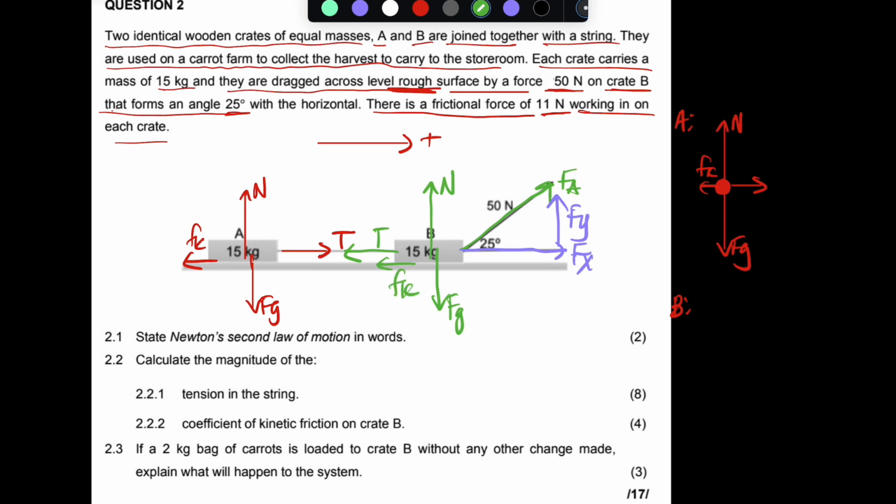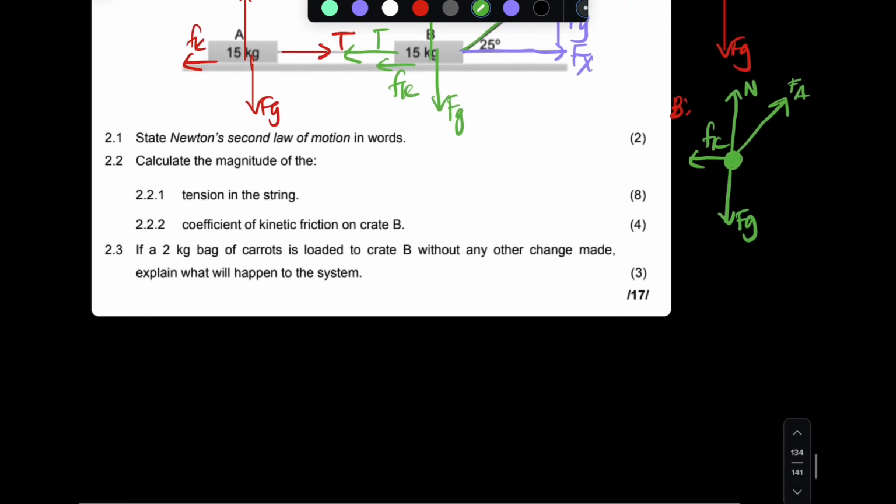So the free body diagram for this one is going to be the dot, normal force, gravitational force, the applied force, and the frictional force. Remember, in grade 12, you do not put the components in the free body diagram.